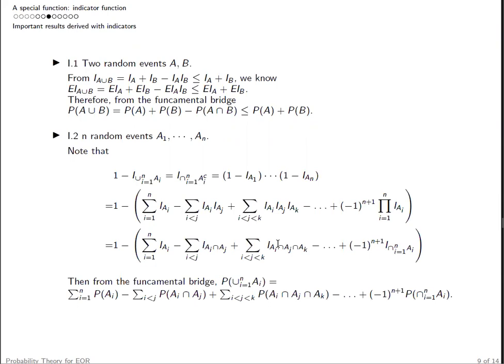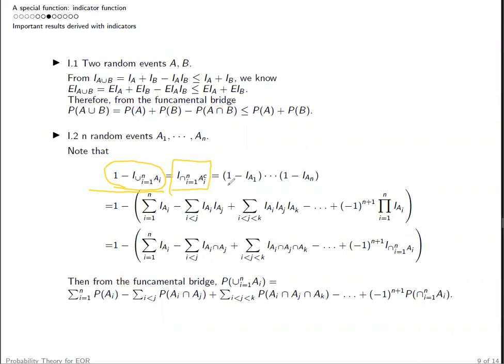Well, the result is quite straightforward actually. So let's consider 1 minus the indicator function of the union of all the A_i. Why do we look at this? Because now we can work with the indicator function of the joint set of all their complements.